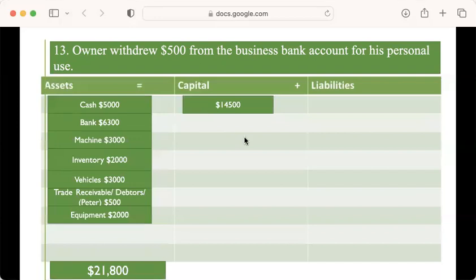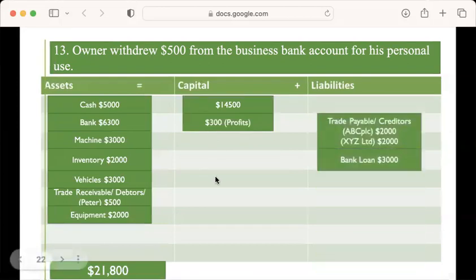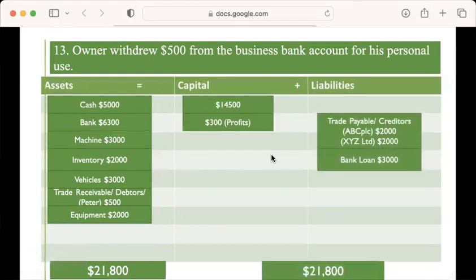Drawings is when the owner takes money, his capital decreases, because we owed the owner 15,000 earlier, but now we owe 500 less because he has taken 500 from the business, from us. So therefore, the total of the liability side also adds up to 21,800. Right. Okay. So I believe that you must now have a very good understanding of business transactions.